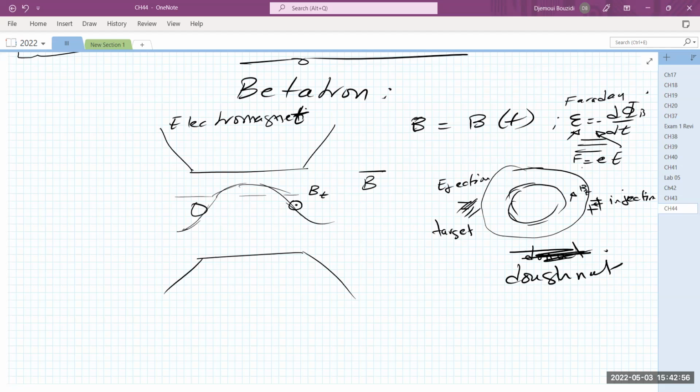But then, if the magnetic field is not really changing at a given ratio, we have a problem, okay? The same magnetic field is also used to keep the particle in that region. So the magnetic field is forcing the particle to stay in the circle, and the flux of the magnetic field is accelerating it.